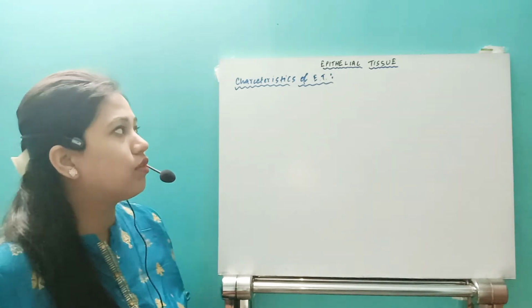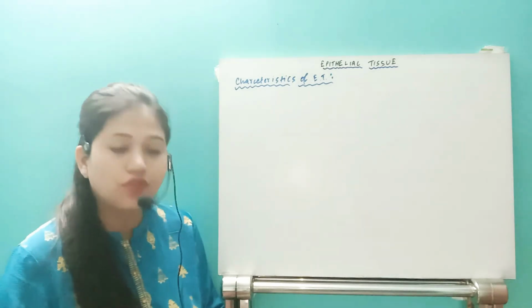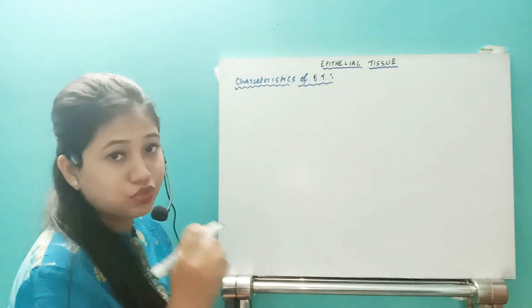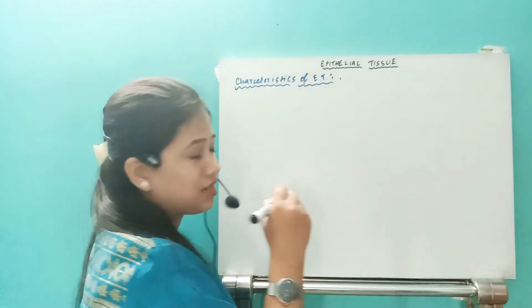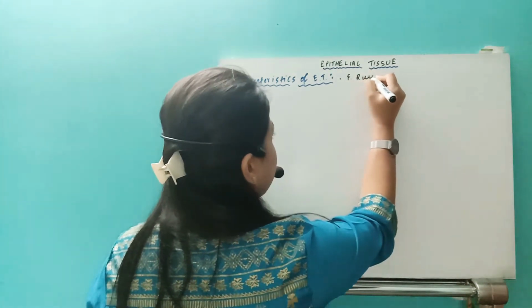So first of all, what is the epithelial tissue? What are its characteristics? Let's see. When it comes to epithelial tissue, the term epithelium was given by a scientist named Frederick Ruysch.